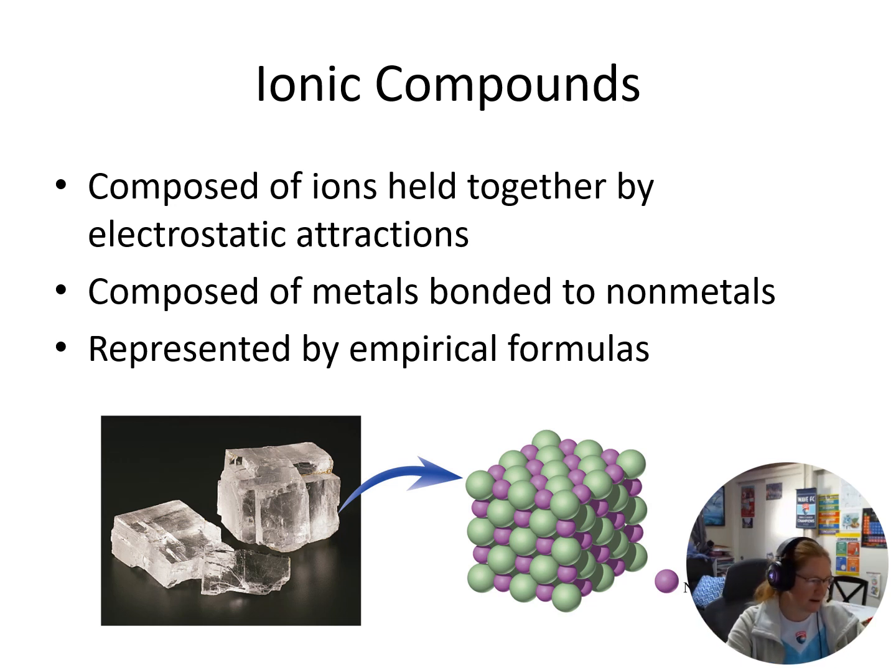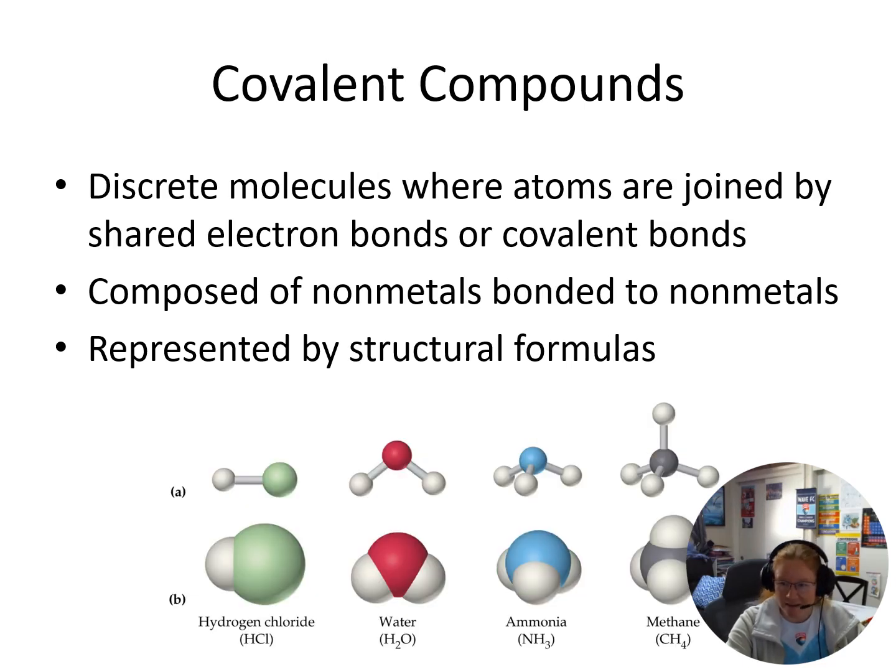All right, let's think about our covalent compounds for a moment. With these, we've got discrete molecules where we are sharing electrons. Remember, covalent: co, together; valent, dealing with the valence shell. So we are sharing our valence electrons. Most likely, we're looking at nonmetal bonded to nonmetal.